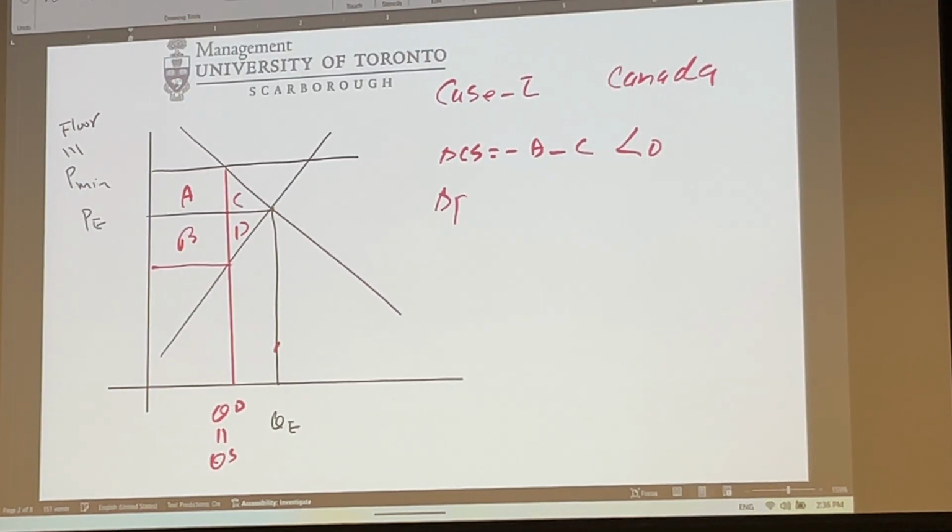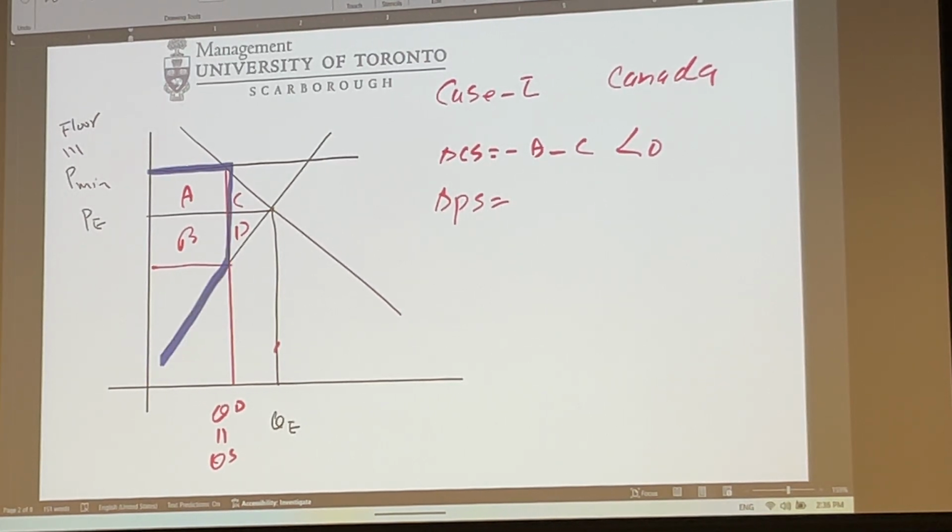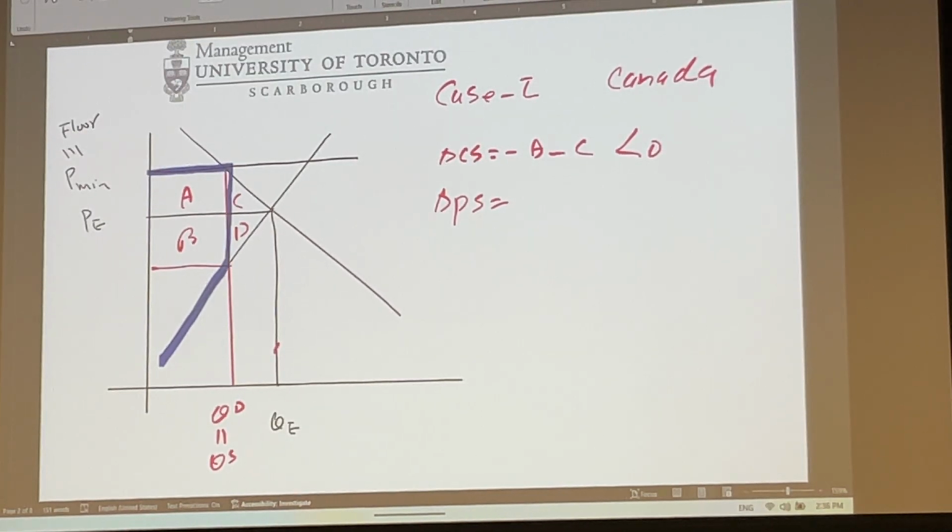What about the producer? That is the producer surplus in a competitive market. That was the surplus. Now it becomes this. Alright, so the producer gains which one? Gains A, because they charge more. And they lose which one?